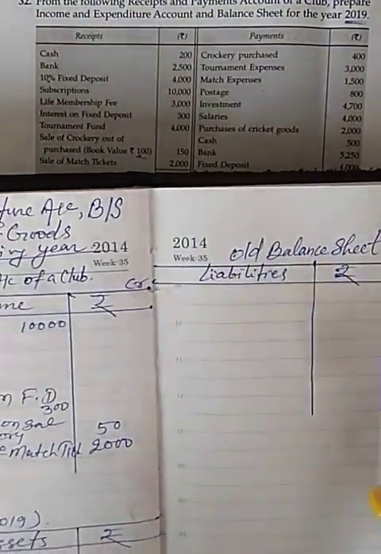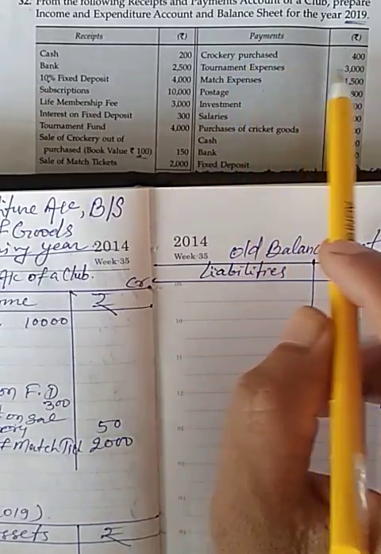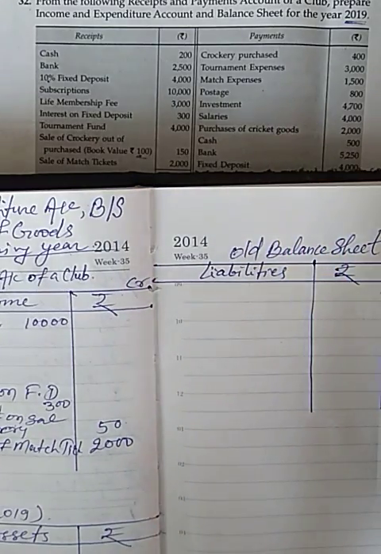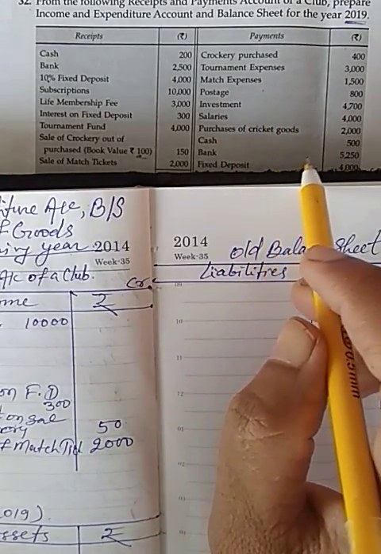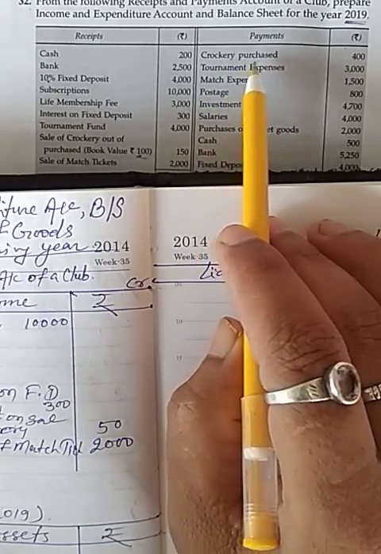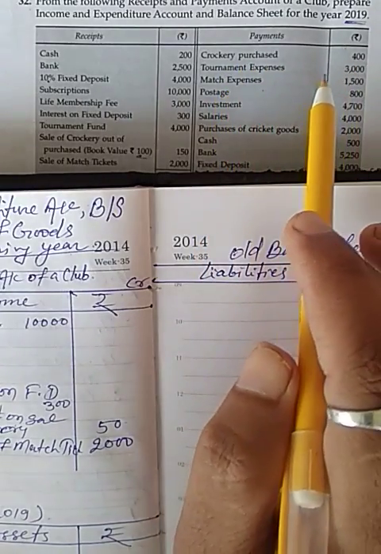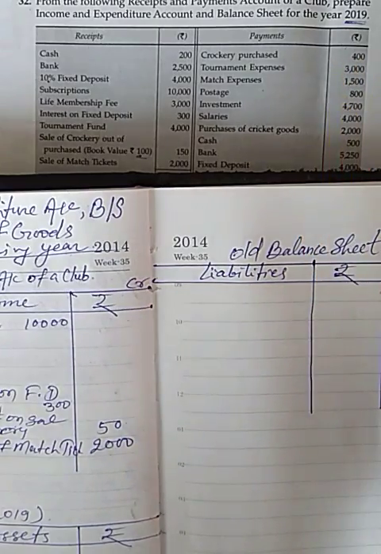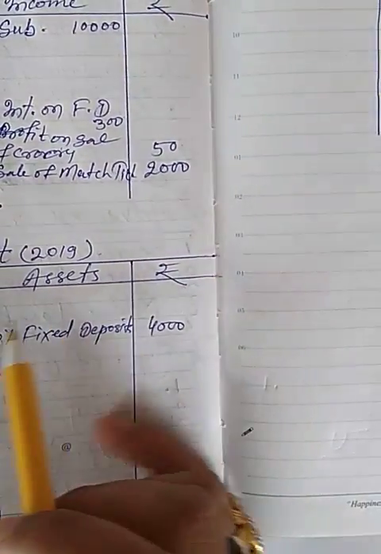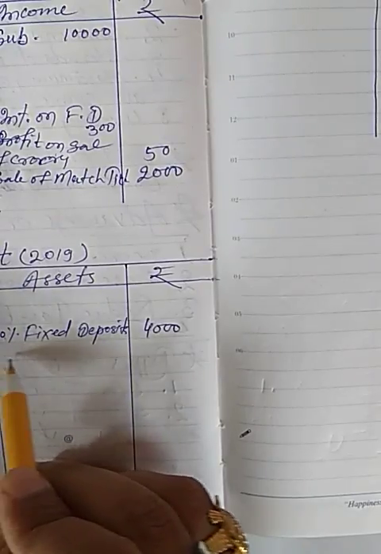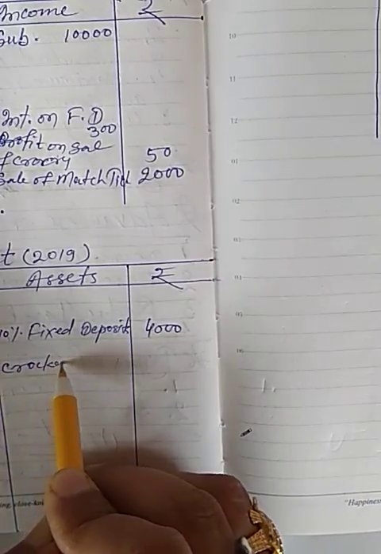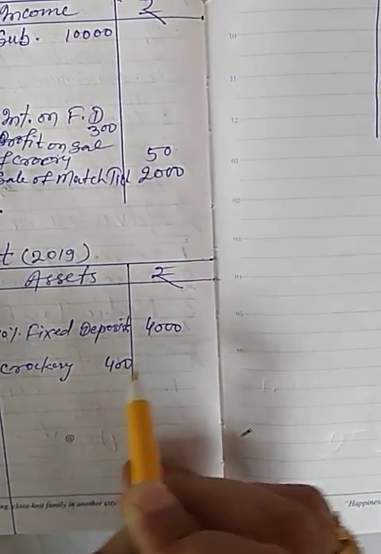Now in payment side, crockery purchase is given 400. So it will be related to material consumed, also crockery purchase 400, and I will write it in balance sheet. Crockery $400.